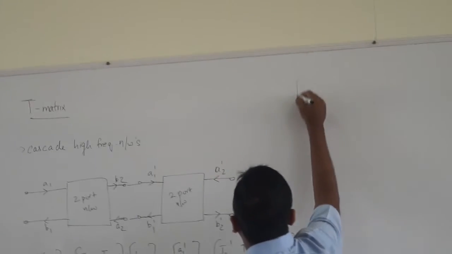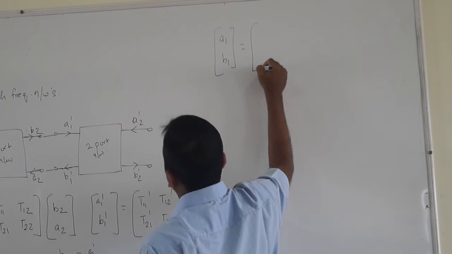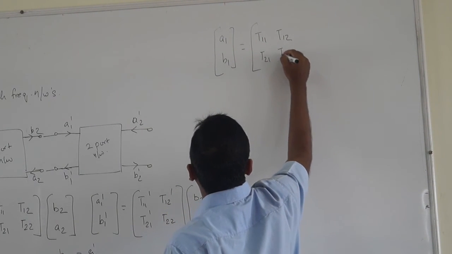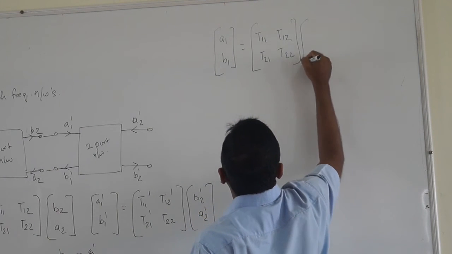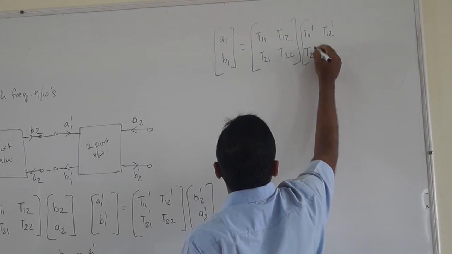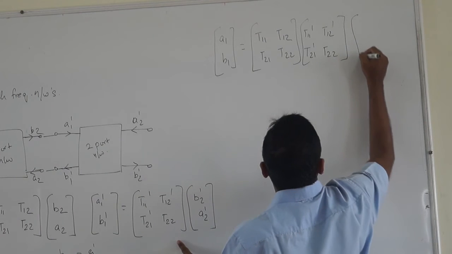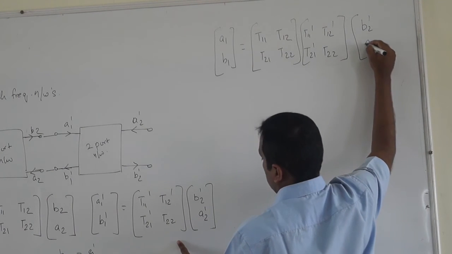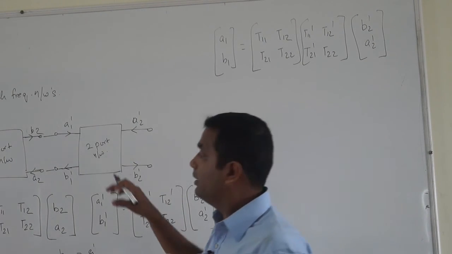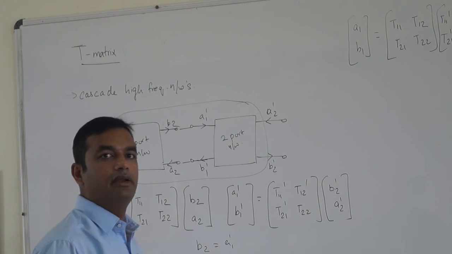So I can write A1, B1 equals T11, T12, T21, T22 times T11 dash, T12 dash, T21 dash, T22 dash times B2 dash, A2 dash. This will be the T matrix of the entire network.